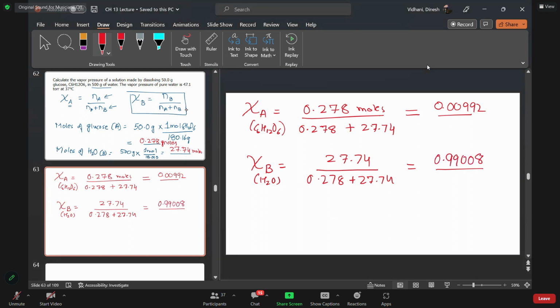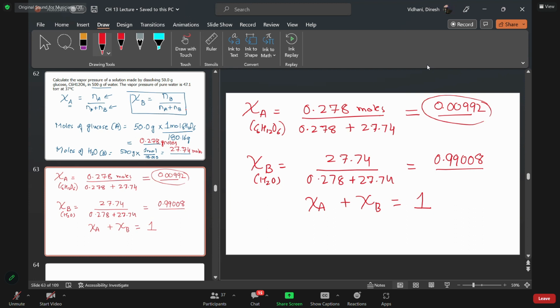Okay. Now what you need to remember is mole fraction of A plus mole fraction of B will always be 1. So either you find the mole fractions the way we did it individually, or you can simply subtract 0.00992 from 1 and you will get 0.99008.